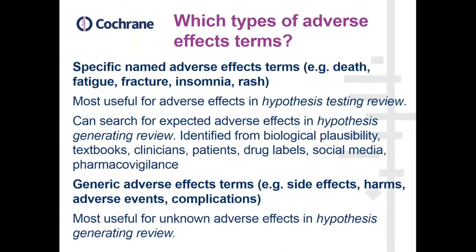You would also include generic adverse effects terms, such as side effect, harm, adverse effects, complications, because you're also trying to find the unexpected adverse effects. So these generic terms are most useful for when you're searching for unknown adverse effects, although they can still be useful when searching for a named adverse effect.